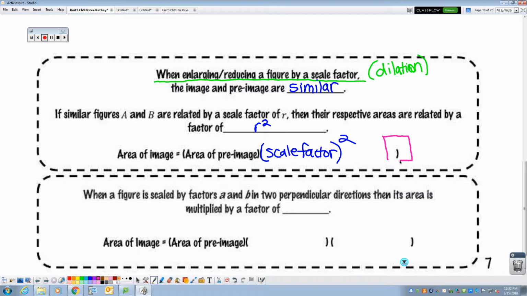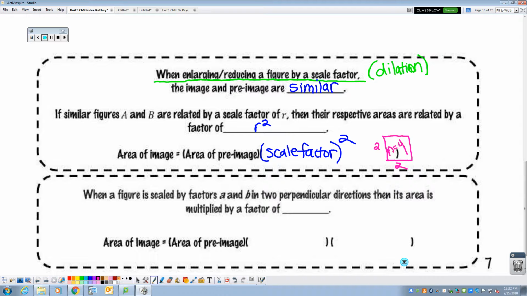Let's say I'm starting with a box that measures 2 by 2. If I want to dilate it, well, first off, we know the area of that shape has to be 4.